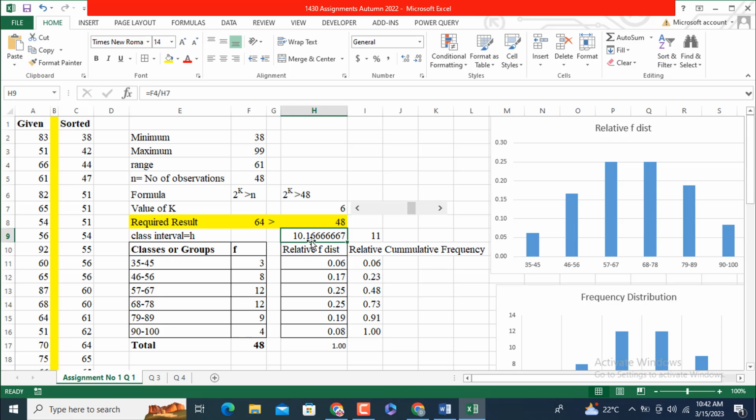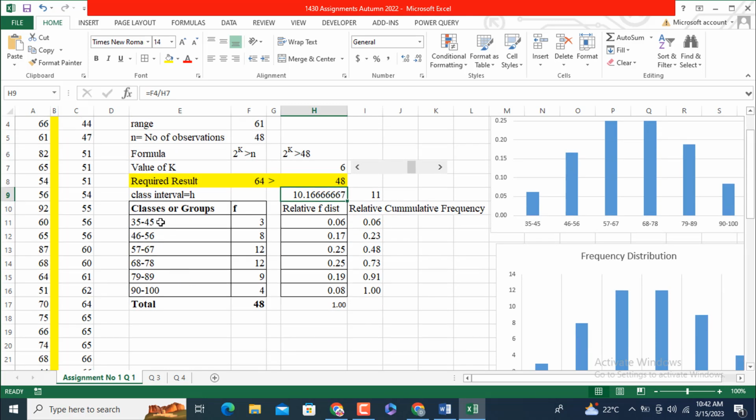So 10.1, which means the class interval width is 11. Sorry, we have 6 classes, and we have a class interval width equal to 11. Look at this: 1, 2, 3, 4, 5, 6. We have 6 classes or groups. The difference between the upper class and lower class is 11. If you count, 45 minus 35 is equal to 10, but we are including this 35, which makes it 11.